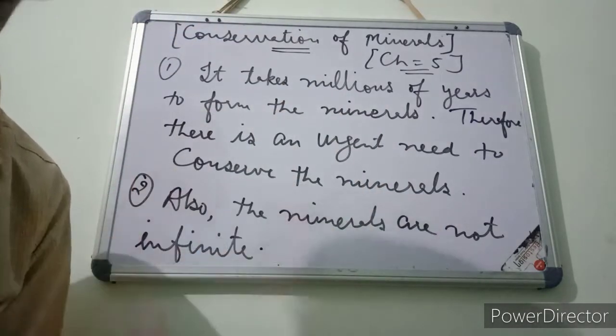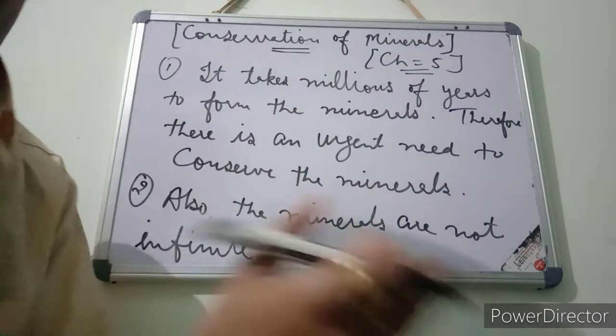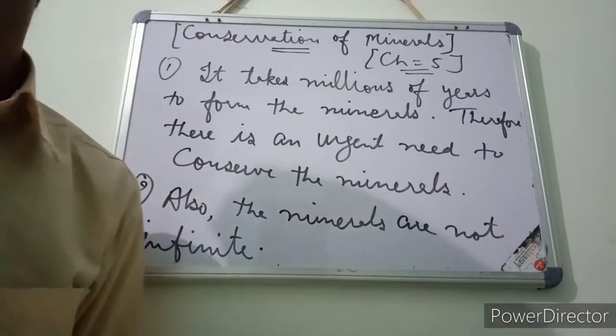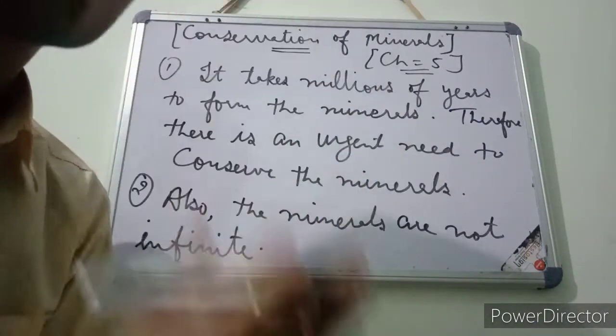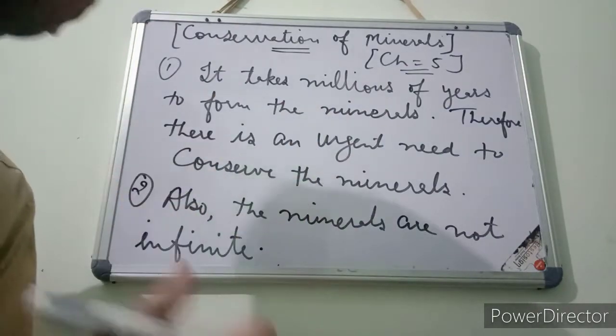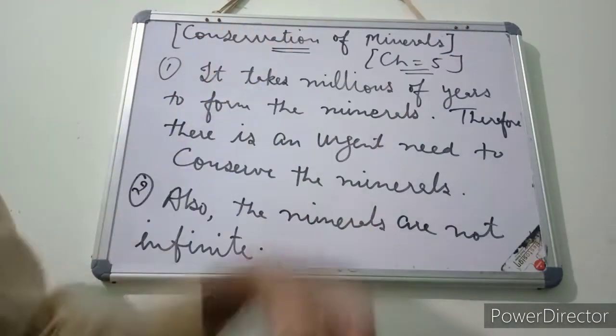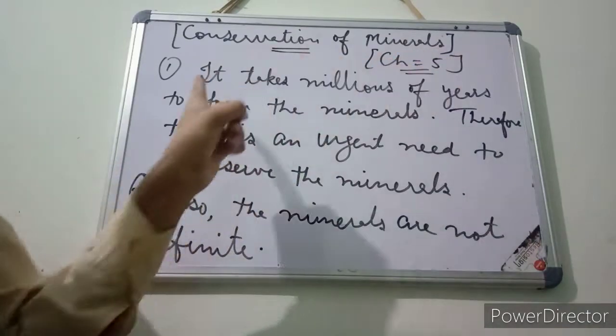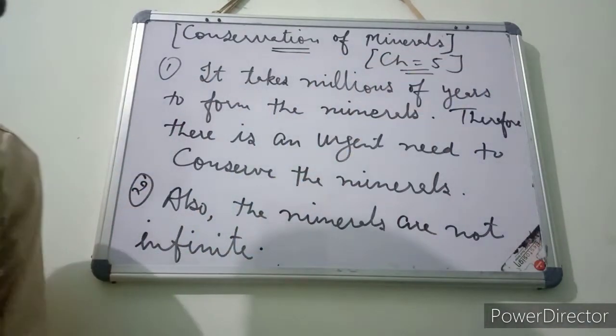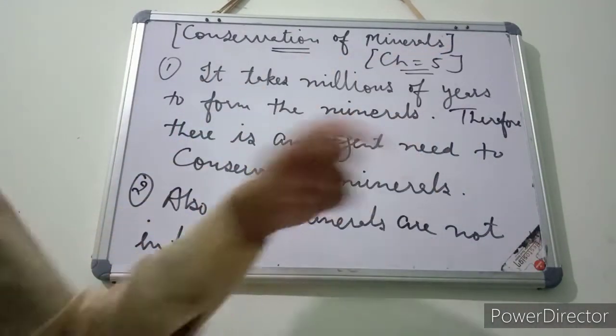Then what will we do? What will be the alternative for it? We don't have any alternative for it. So it is our urgent responsibility to conserve these minerals, because it takes millions of years to form them.